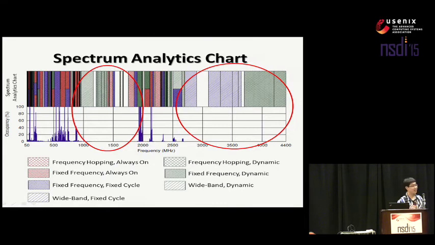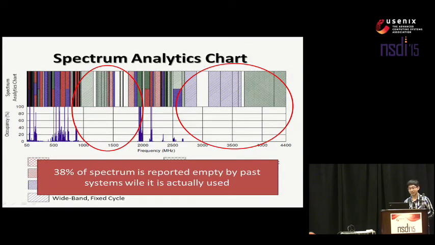More than 1/3 of the spectrum is reported empty by the occupancy report of past systems, but it's actually used. There are active signals there with very low occupancy that are captured by SpecInsight. And interestingly, many of these bands belong to government and military.